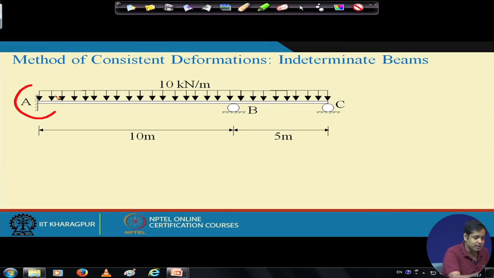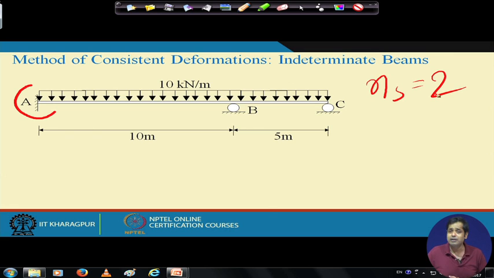So, in this case, what is the indeterminacy? The indeterminacy of this problem will be Ns is equal to 2. Because if we remove supports B and C, then it becomes a cantilever beam which is stable and determinate, and because of this additional constraint the structure is indeterminate and the degree of indeterminacy is 2.